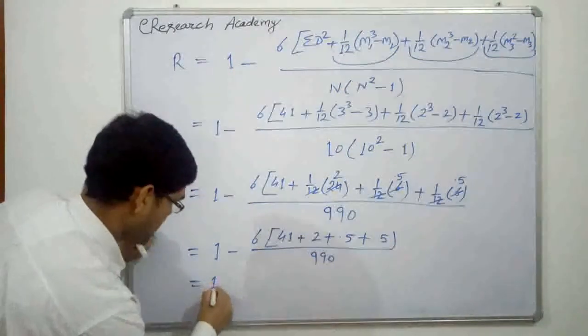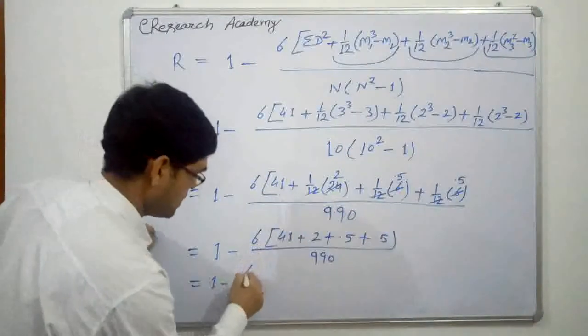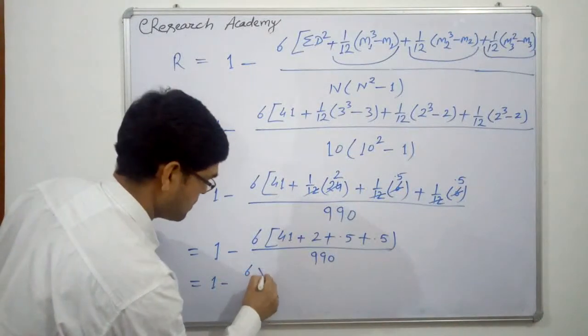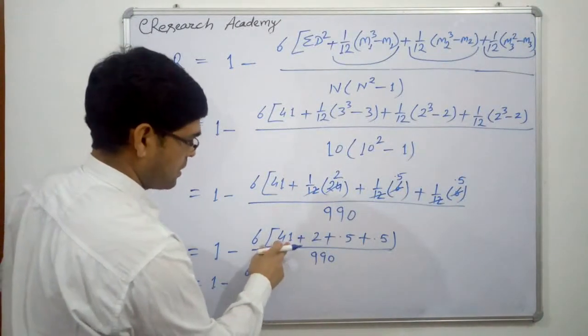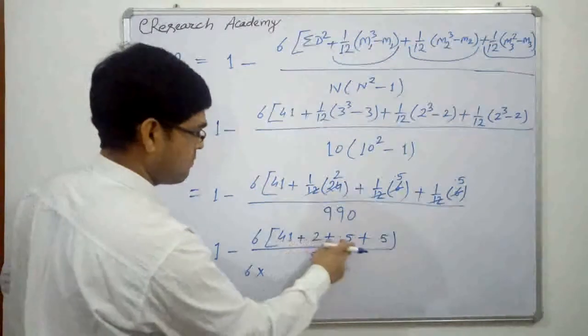It will be 1 minus 6 times (41 plus 2, 43, 44), by 990.